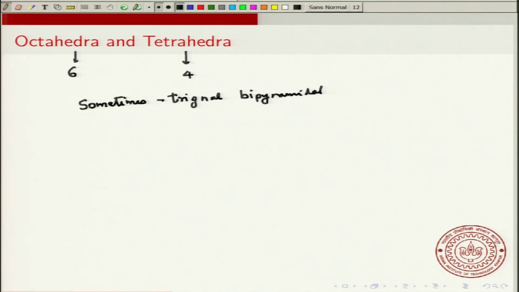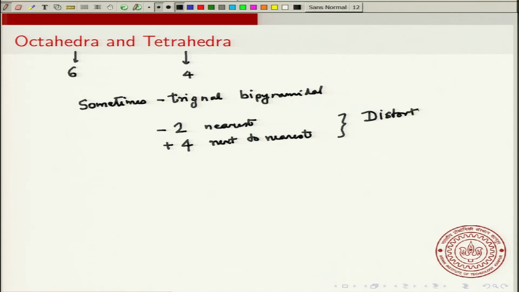middle. Sometimes the coordination number is just 2, 2 nearest and plus 4 next to nearest. This is in the case of the distorted octahedral void, which we saw in the case of BCC.